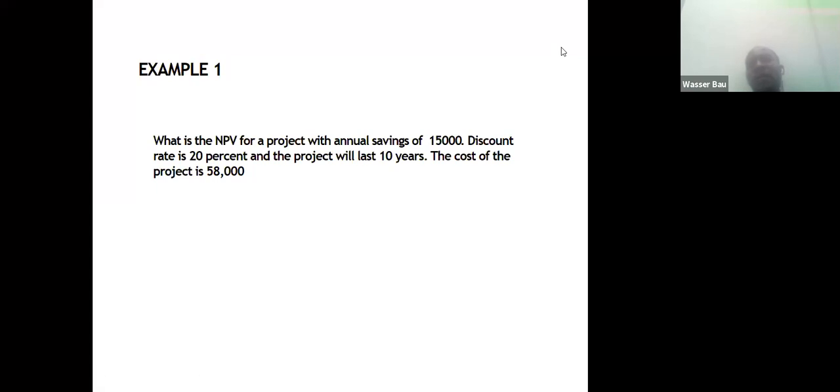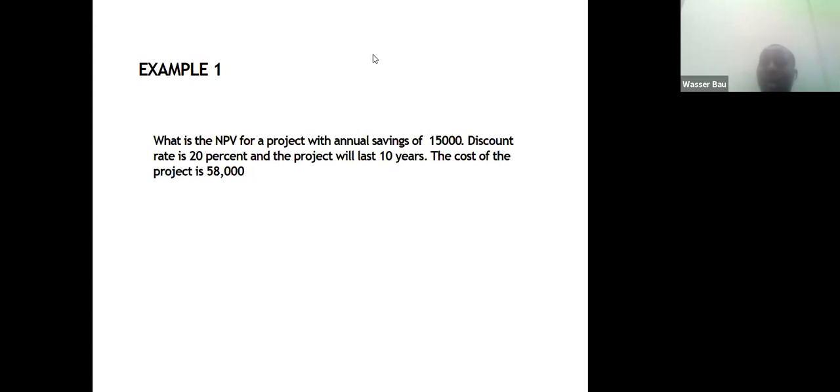So let's look at this. What is the NPV for a project with an annual savings of 15,000? The discount rate, or interest rate, or banking rate, or the cost of capital, or weighted cost is 20%.